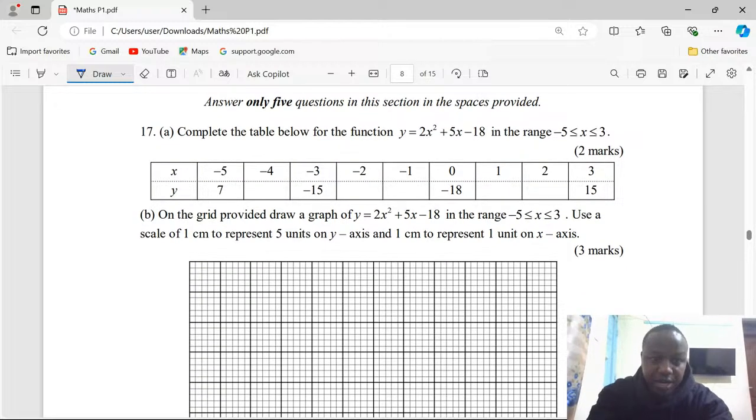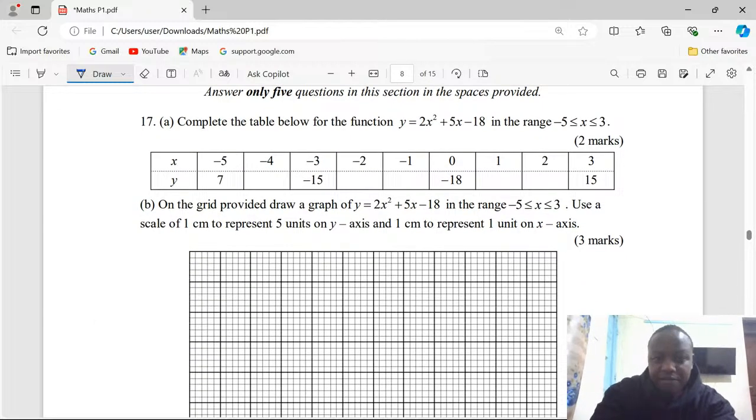-5 to 3. So we start in the function when the value of x is -5, then we go to the value of x being -4. We substitute in the function 2 into -4 squared, then we add 5 into -4, then we subtract 18.